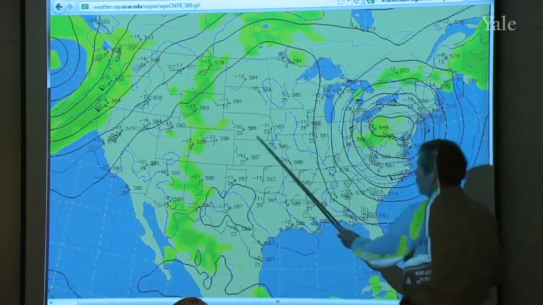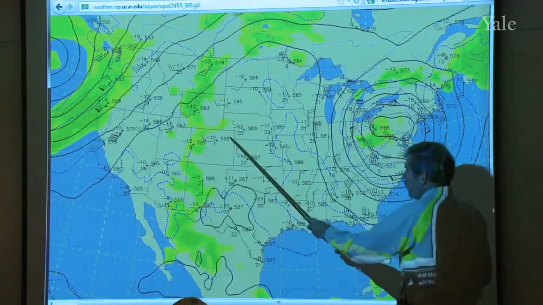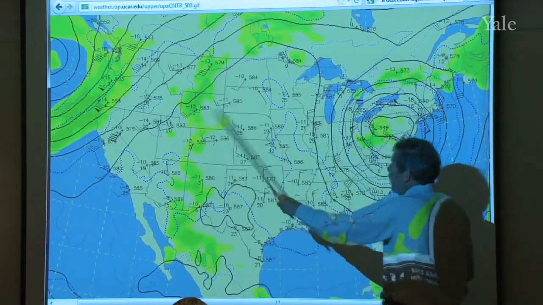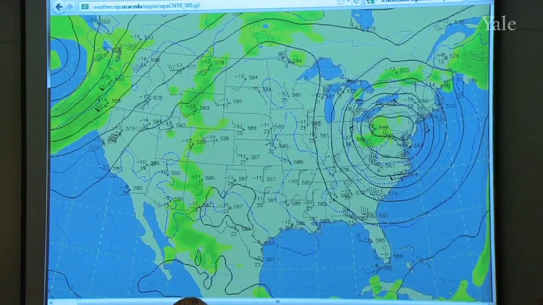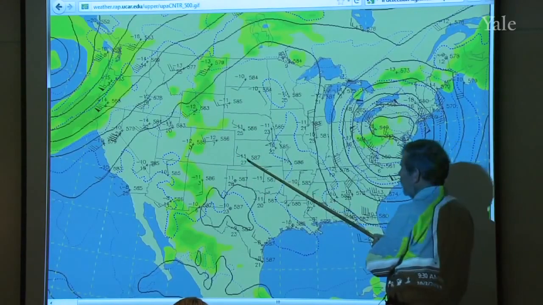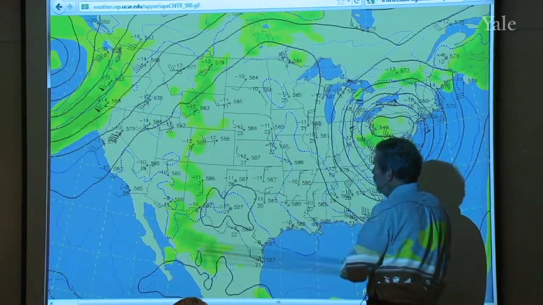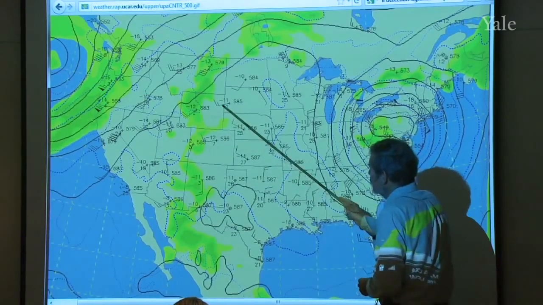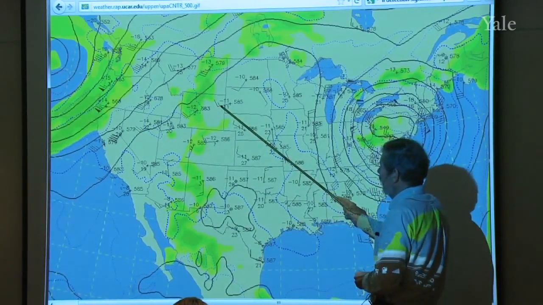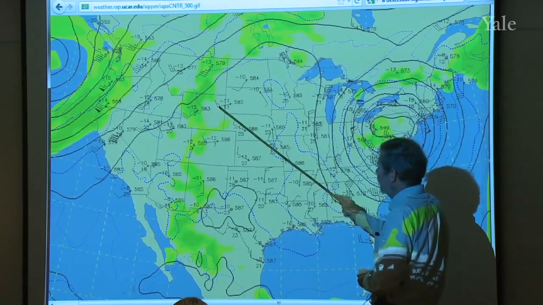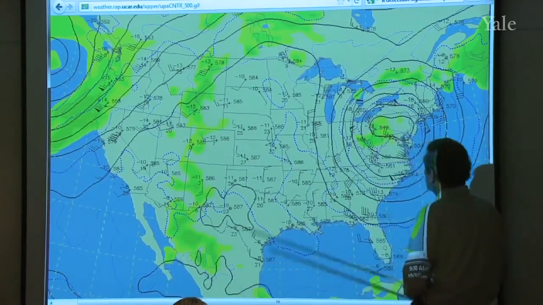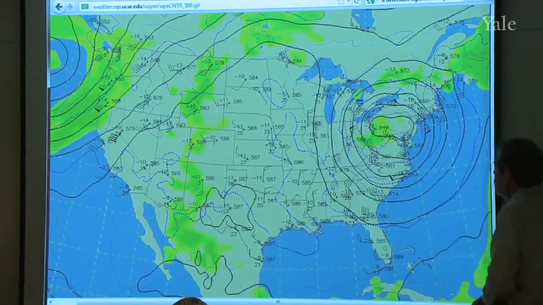So each of those balloons, as they cross that surface, you have the data there, and then the contours are laid on by the computer. The winds are given too in a little wind barb, using the convention of a short feather being 5 knots, a long feather being 10 knots, and a thick feather like that being 50 knots.